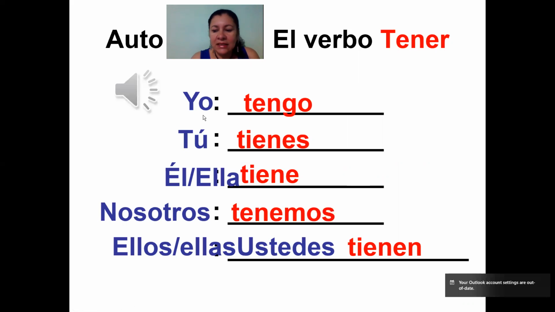Yo tengo, tú tienes, él, ella tiene, tenemos, ellos, ellas, ustedes tienen. El verbo tener. El verbo tener está unido, un verbo intenso y hipnótico y tremendo, dinámico, tener. Vamos al caso. Here we go. Yo tengo, tú tienes, él, ella tiene, tenemos, ellos, ellas, ustedes tienen.